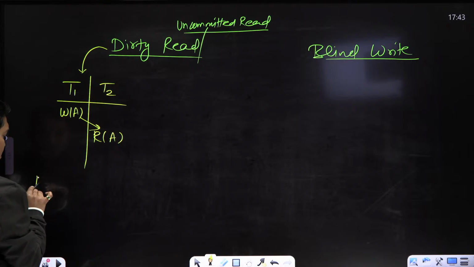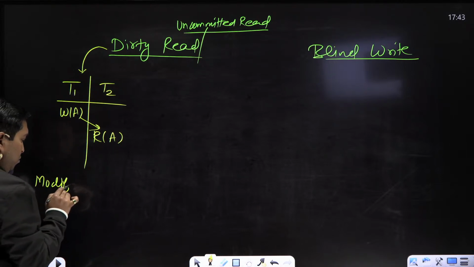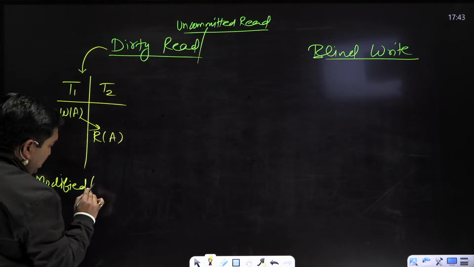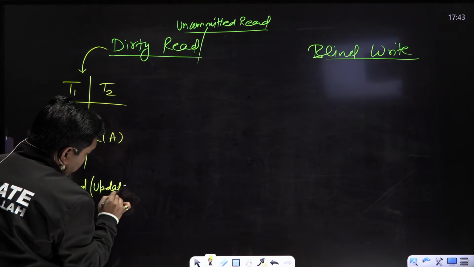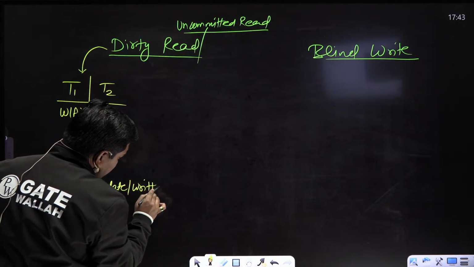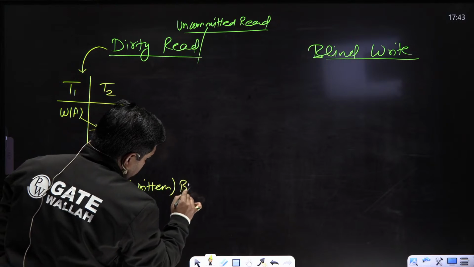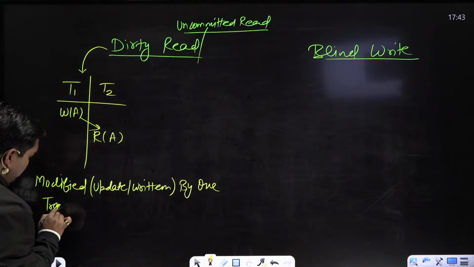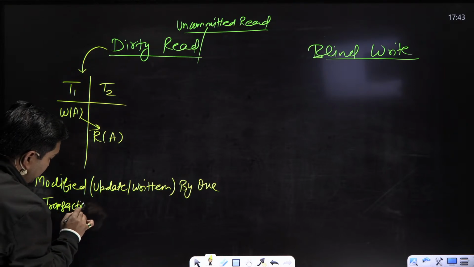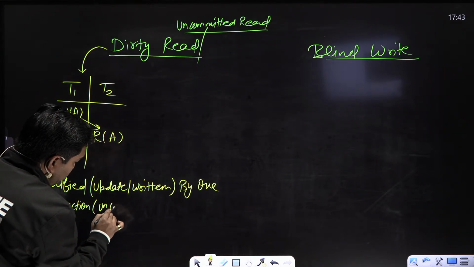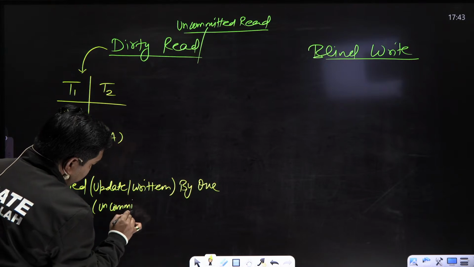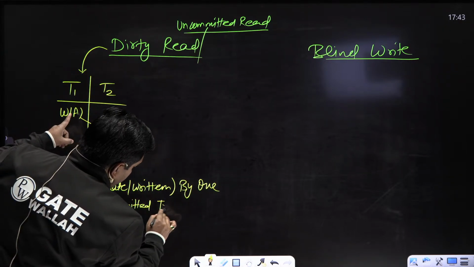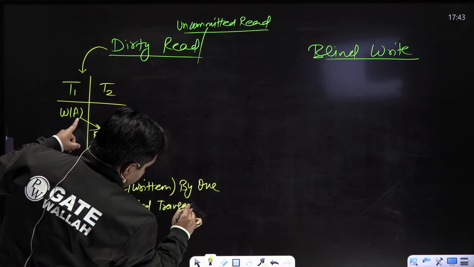Meaning the value is modified, updated, written by one transaction, and that transaction is uncommitted. Right now it is not committed, meaning an uncommitted transaction.